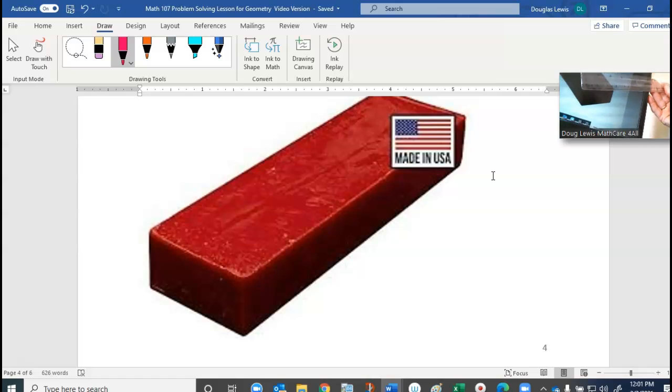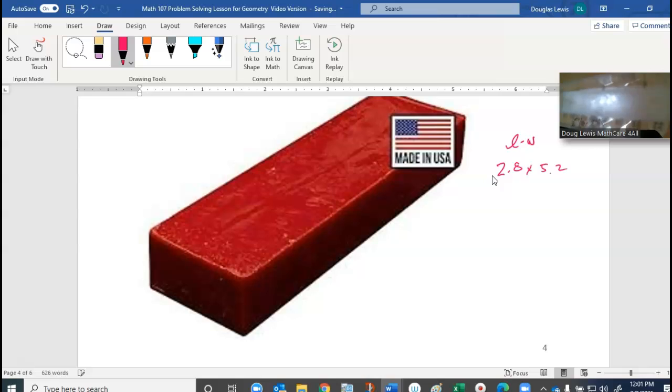And this is almost exactly 5. I'll say 5.2. So I'm going to write that 2.8 and 5.2. And this is a rectangular solid, so its length times width times height is the volume. So 2.8 times 5.2 and times what's the length here.